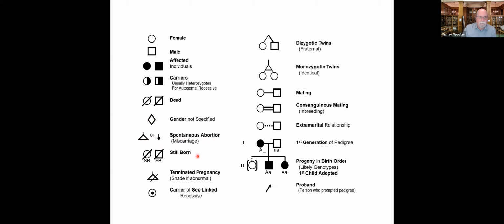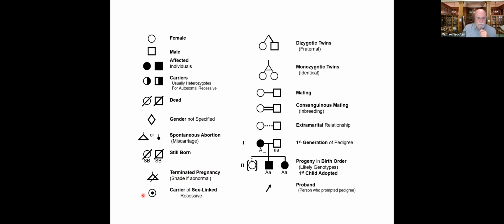So you'll see those in different ways. Stillborn is usually, obviously stillborn is a non-thriving human, so it usually has SB underneath it and then a slash to indicate that they made it to term, they made it to parturition, but they weren't a living human. And then terminated pregnancies are those that usually are symbolized like this. So would be an abortion of some type, a purposely terminated pregnancy.